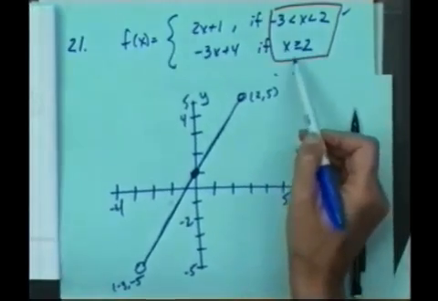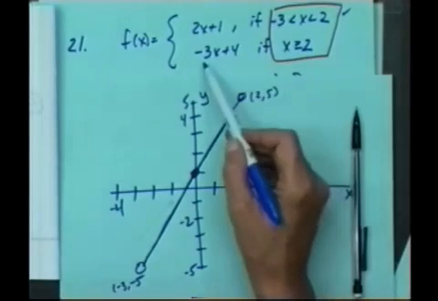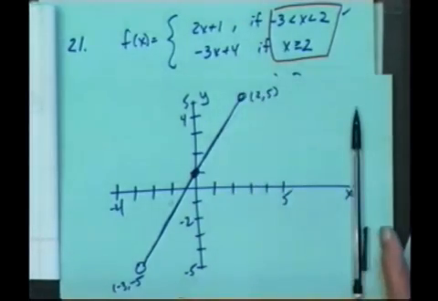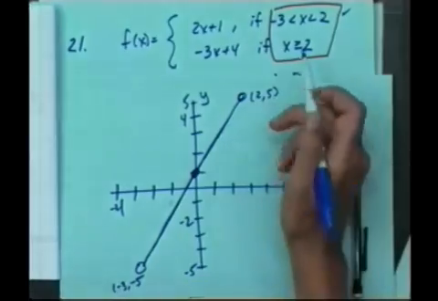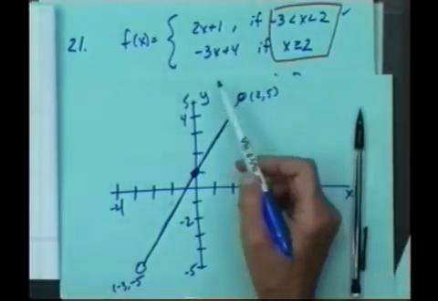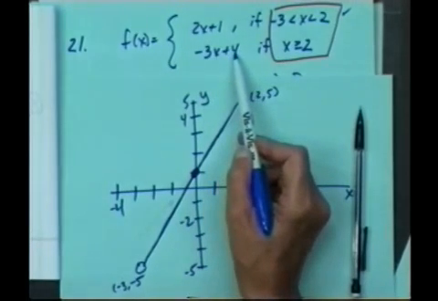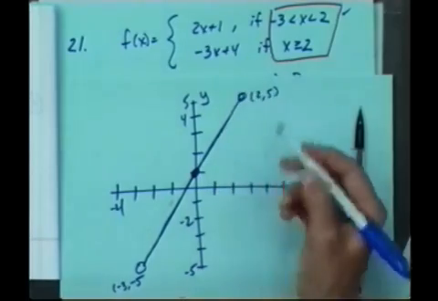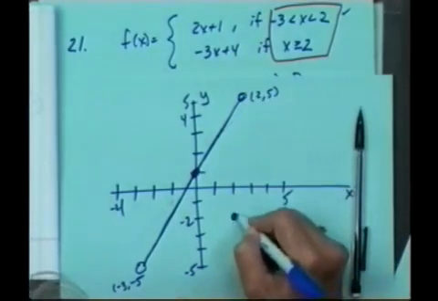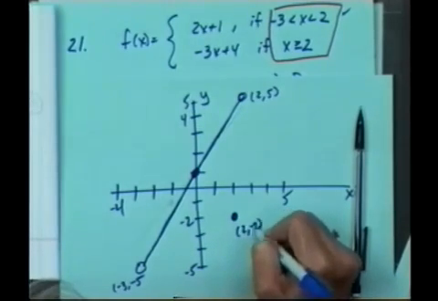Okay, then when you're bigger than or equal to 2, you're going to have negative 3x plus 4. So let's just pick a point. When x is 2, the y value is negative 6 plus 4, which is negative 2. So (2, negative 2) is definitely on there.